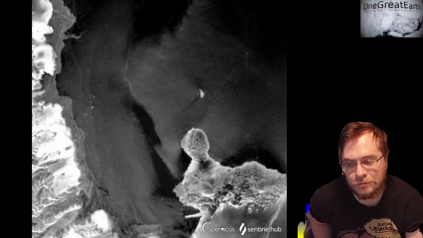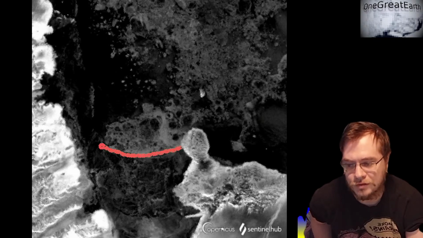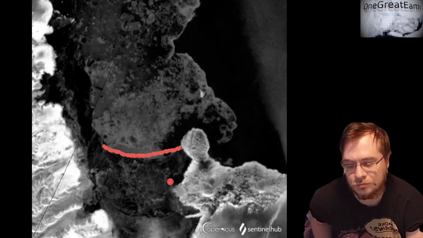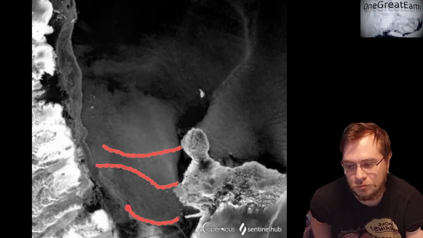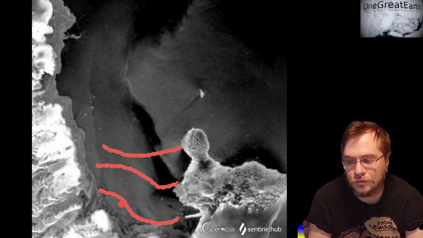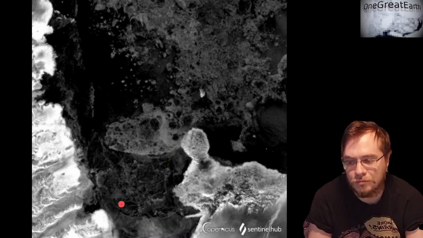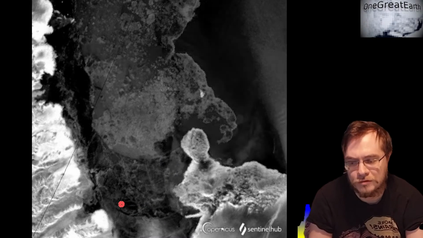This picture is probably the most absurd one so far that I've seen. You just see the sea ice here, and it's gone. It's a massive amount of sea ice that's missing.